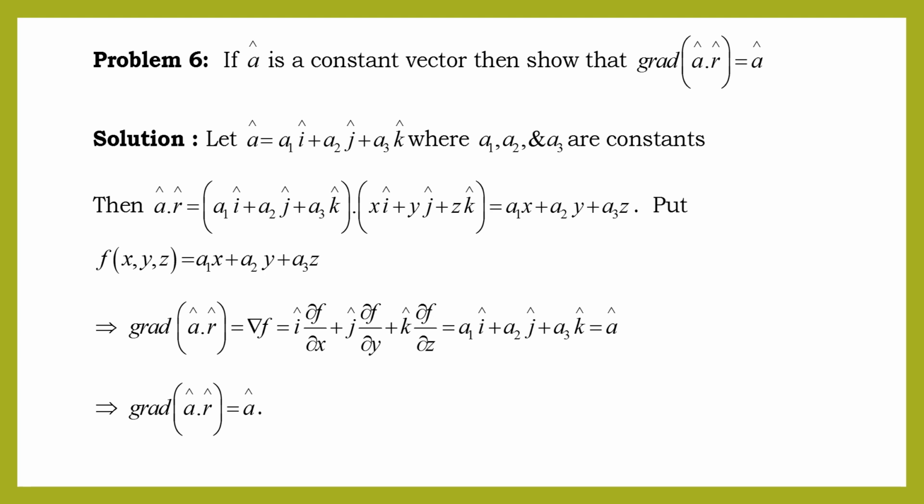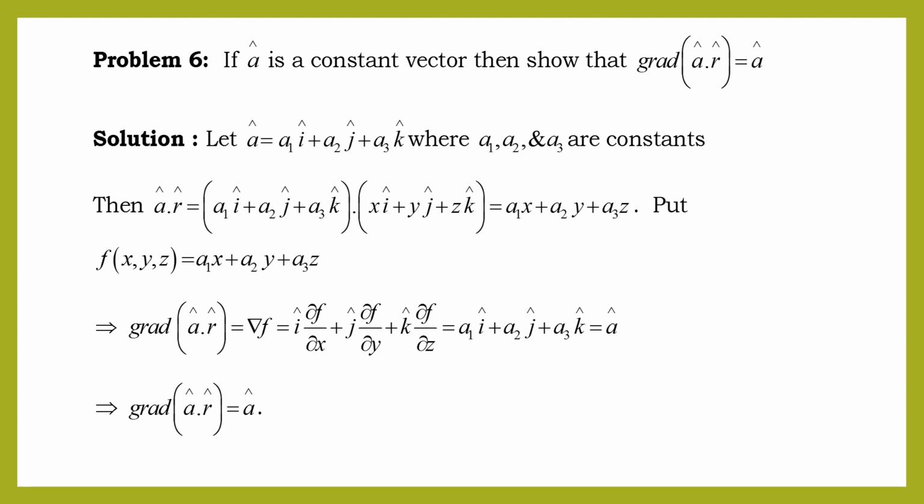So a cap equals a1 i cap plus a2 j cap plus a3 k cap is said to be a constant vector if its coefficients a1, a2, a3 are all constants. So let us consider a constant vector a cap equals a1 i cap plus a2 j cap plus a3 k cap, where a1, a2, a3 are constants.